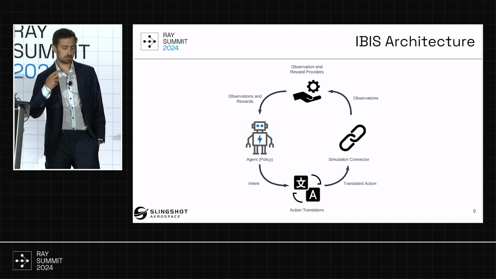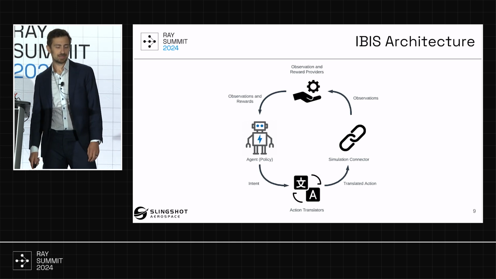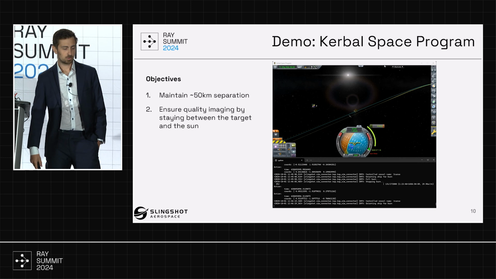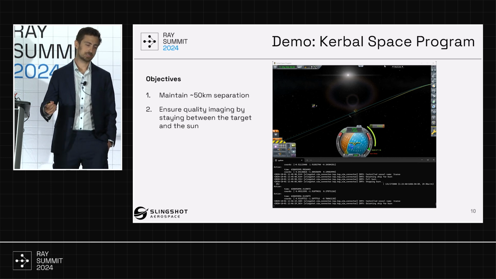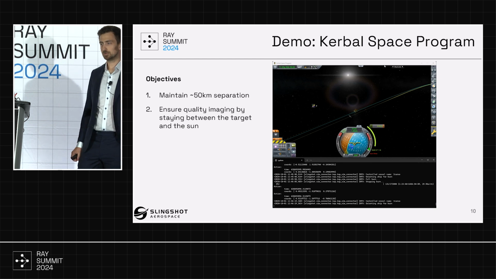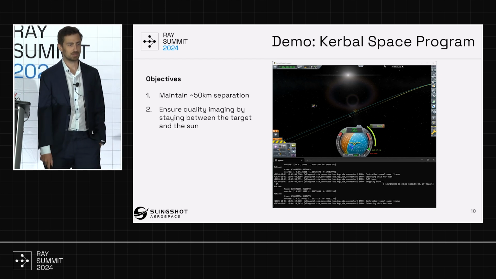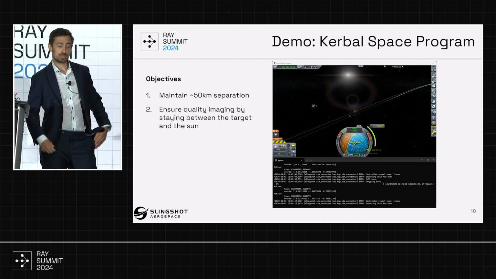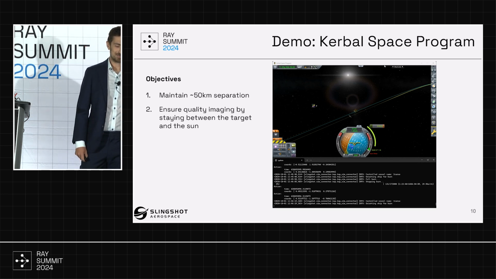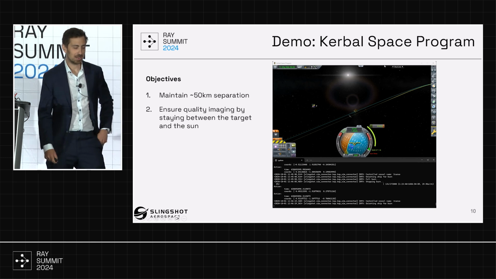And to demonstrate this, I have a little demo that I want to show, which is our RL agents playing in Kerbal Space Program, which is a video game, for those of you that don't know it. We at Slingshot don't use Kerbal Space Program, but it needs to be said.